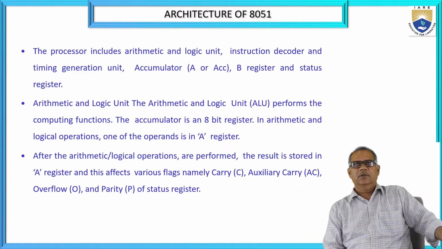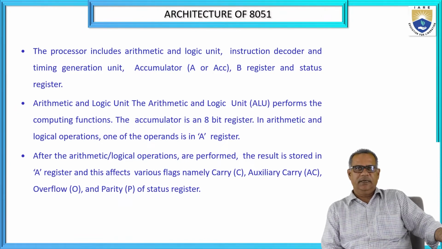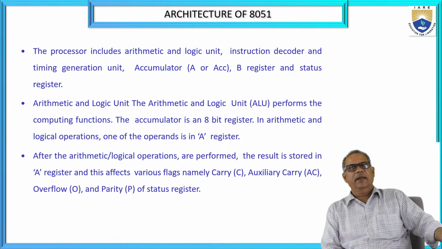Next, let us discuss the architecture of the 8051 in more detail. The processor includes the arithmetic and logic unit, instruction decoder, timing generation unit, and the A and B registers and status register are part of the CPU. A stands for the accumulator. The arithmetic and logic unit performs the computing functions.